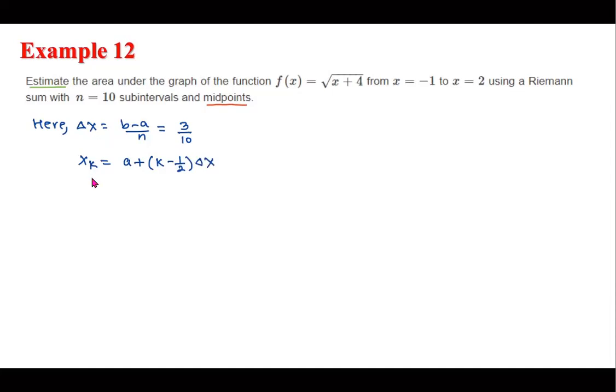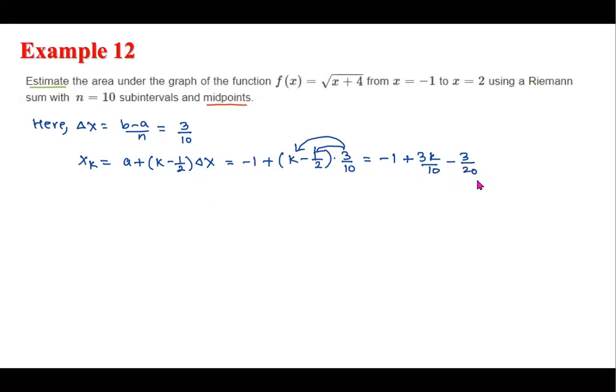So we need to plug in the values and simplify. A is -1, so -1 plus k minus half times delta x, and delta x is 3/10. Now if I distribute that, that's plus 3k over 10, and then minus 3 times 1 is 3, and 10 times 2 is 20.